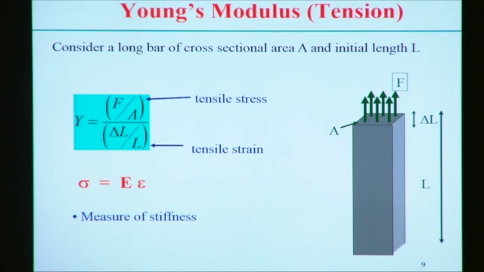The stress can also act as a compressive load. In this case, sigma equals E into epsilon, and E is the Young's modulus, which indicates the measure of the stiffness of a solid body.